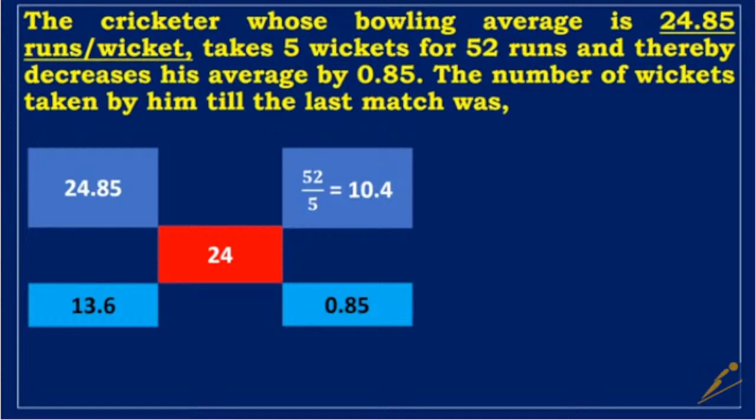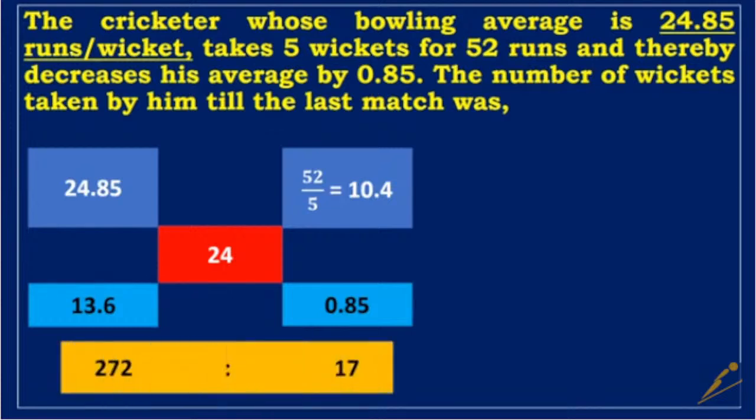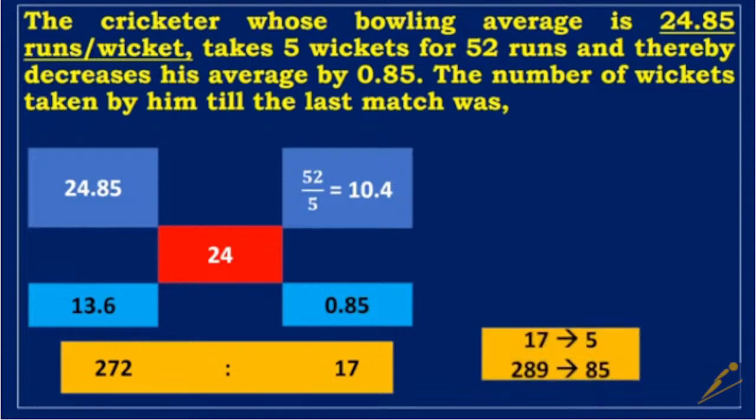After dividing the ratio by 5, the ratio between before the last match and the last match becomes 272 to 17. Here, the value 17 is represented as 5 wickets. Then, we need to find the total, which is 272 plus 17, or 289. Then the value 289 is represented as 85.